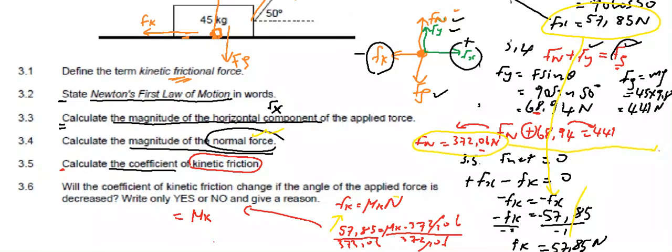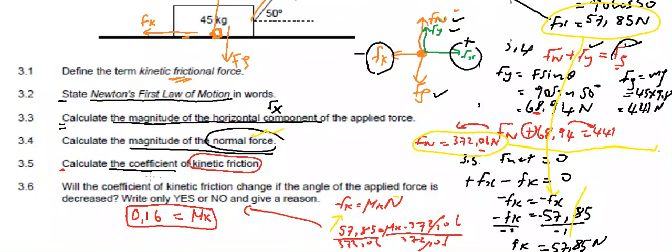So we have 57.85 divided by 372.06. Then the answer is 0.16. That is the coefficient of kinetic friction.